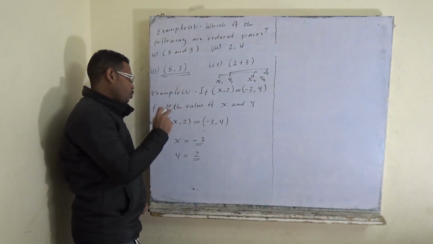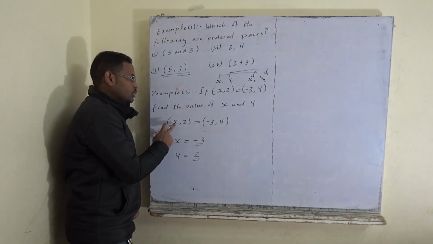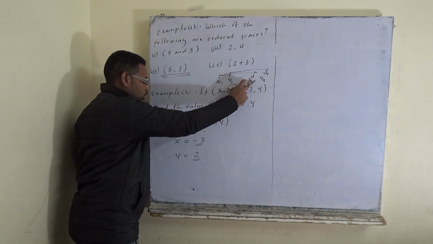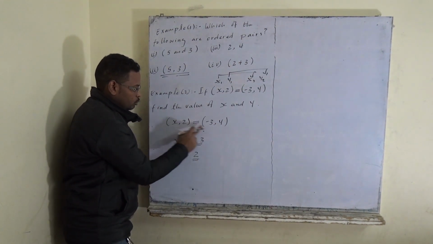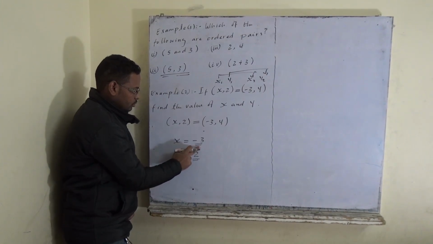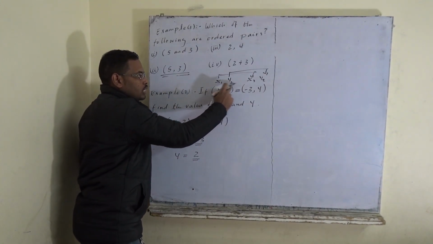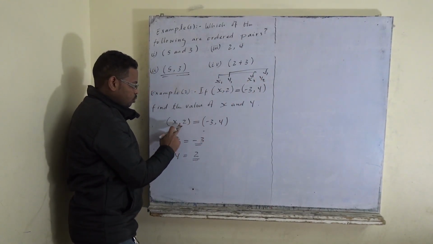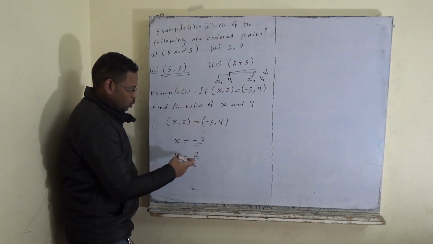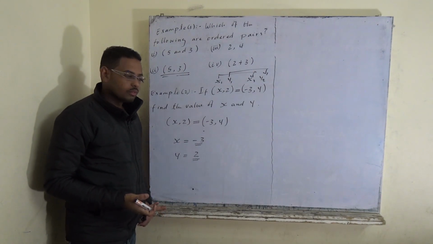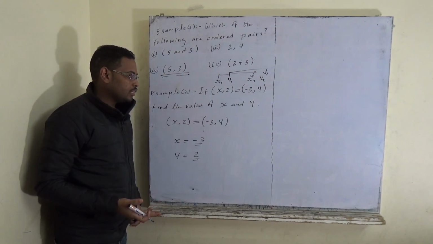Yes. Therefore, if x1 equals to x2, x should be equals to negative 3. And if y1 equals to y2, therefore y should be equals to 2. Simply. Is it clear? Great.